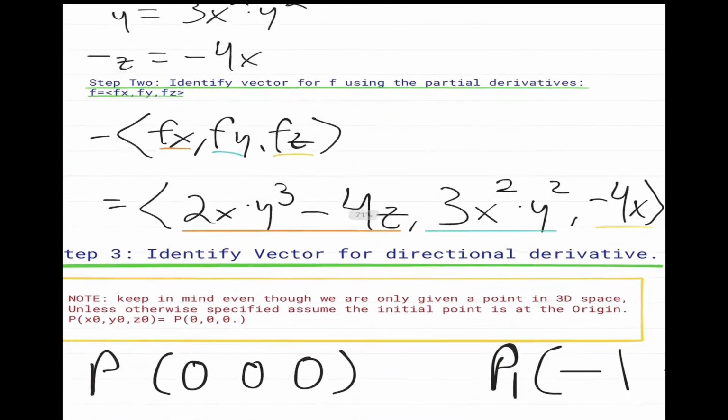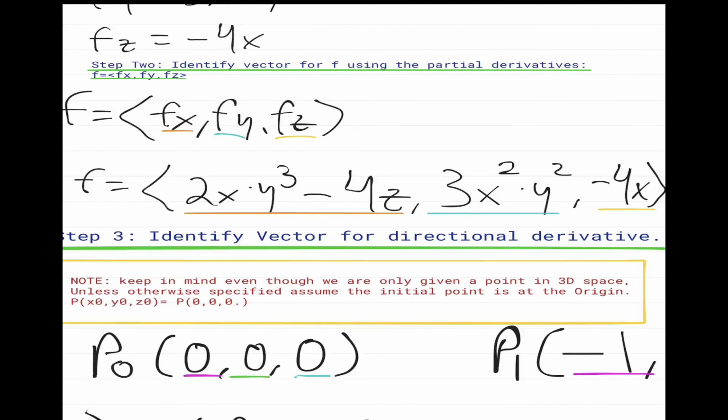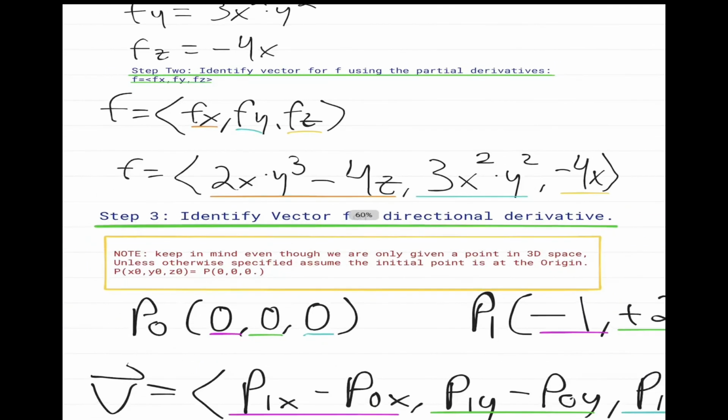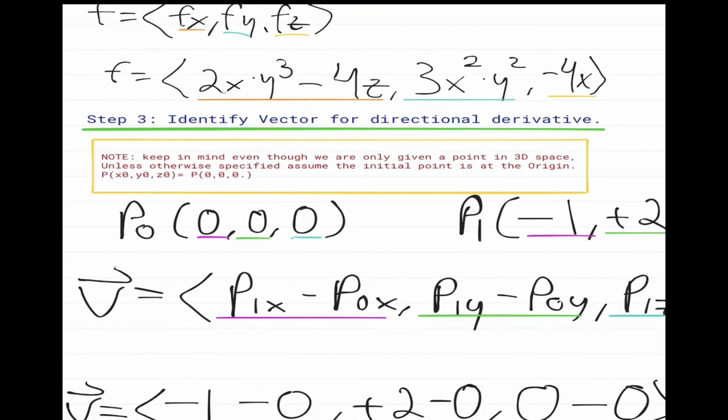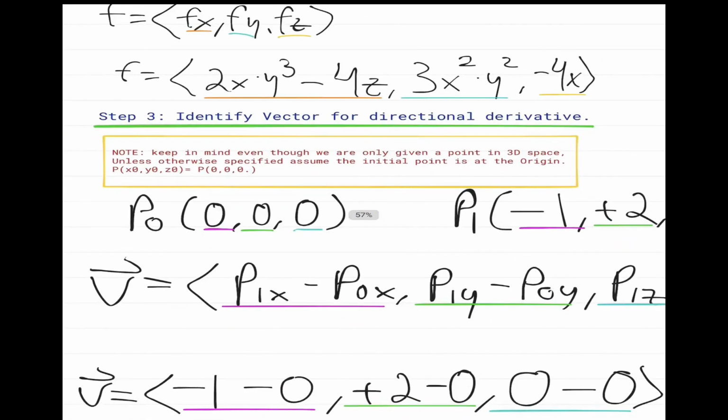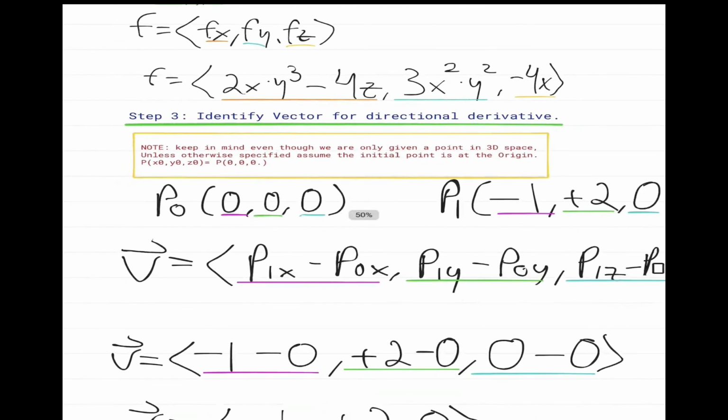In the second step, we put these partial derivatives in and made a vector for them. In step 3, which is a key step because we were given a point, not a vector, unless otherwise specified, the initial point is always going to be at the origin. So it'll be 0, 0, 0 in a three-dimensional space.